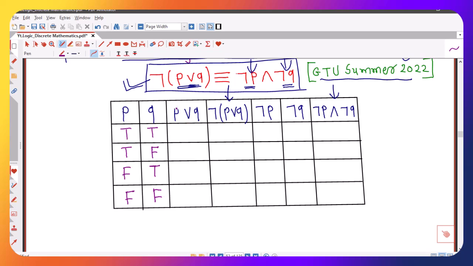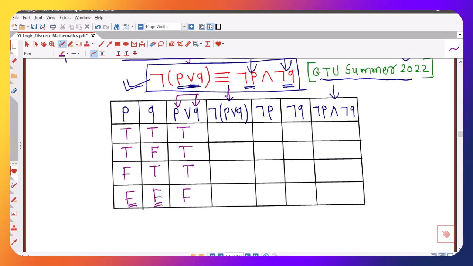Now we find P or Q. P or Q is true if either P is true or Q is true or both are true, and P or Q is false only if both are false. So in the last row both are false, therefore P or Q is false, and in all other cases we have at least one T, therefore we write T.